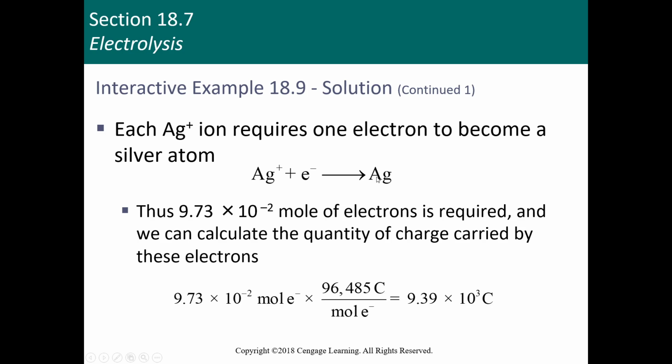All right, so the next thing we have to do is calculate the coulombs, the charge, so we can get into amps. Right here we see this is 9.73 times 10 to the negative 2 moles of electrons. Well, we know the relationship between coulombs and moles of electrons. That's the Faraday, right? And so we multiply that by 96,000 right here, and that will give us 9.39 times 10 to the third coulombs.